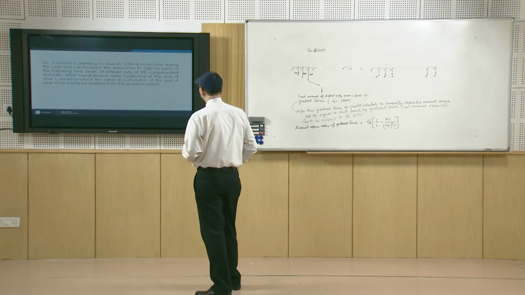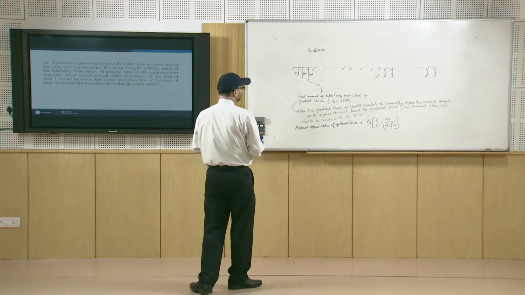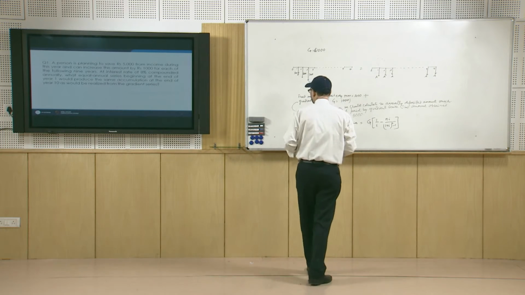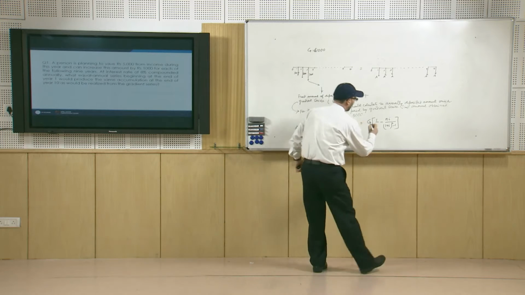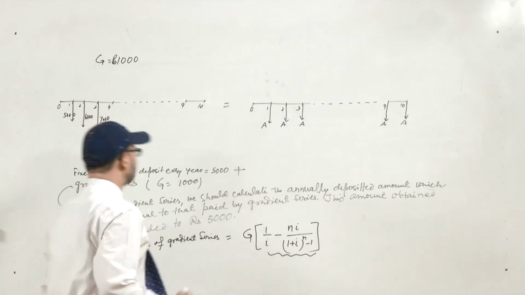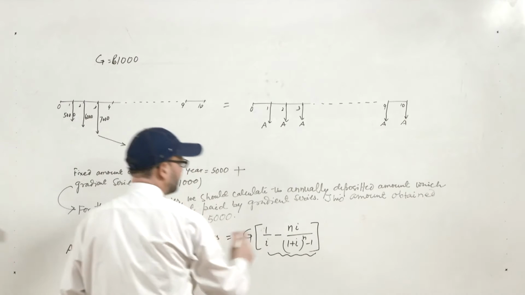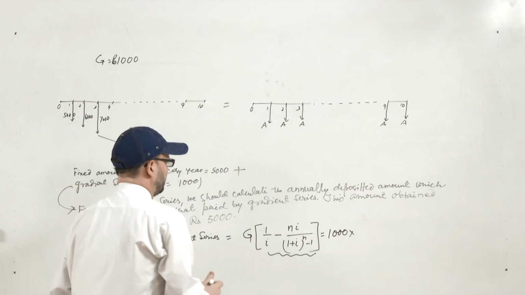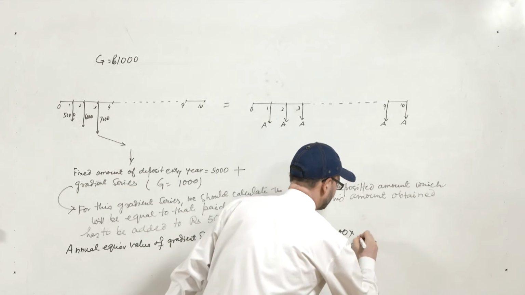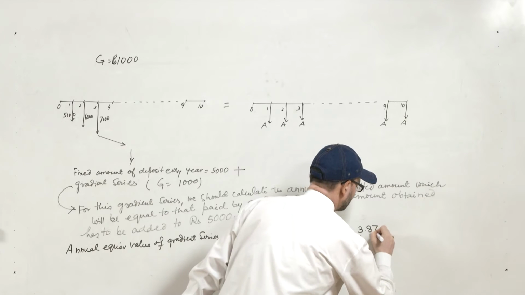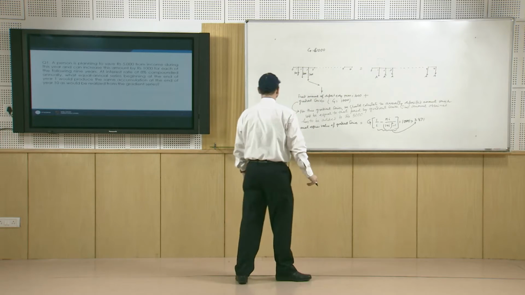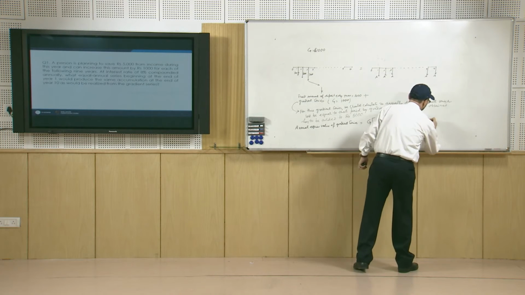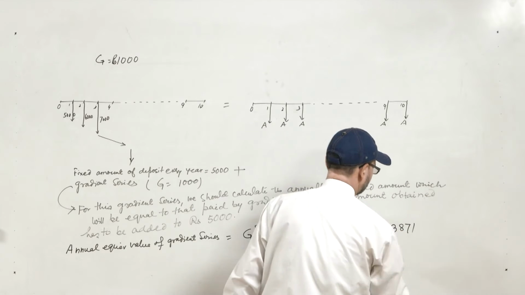If we calculate this factor value, it comes out to be 3.8713, and G is 1000. So, this value comes as 3871.